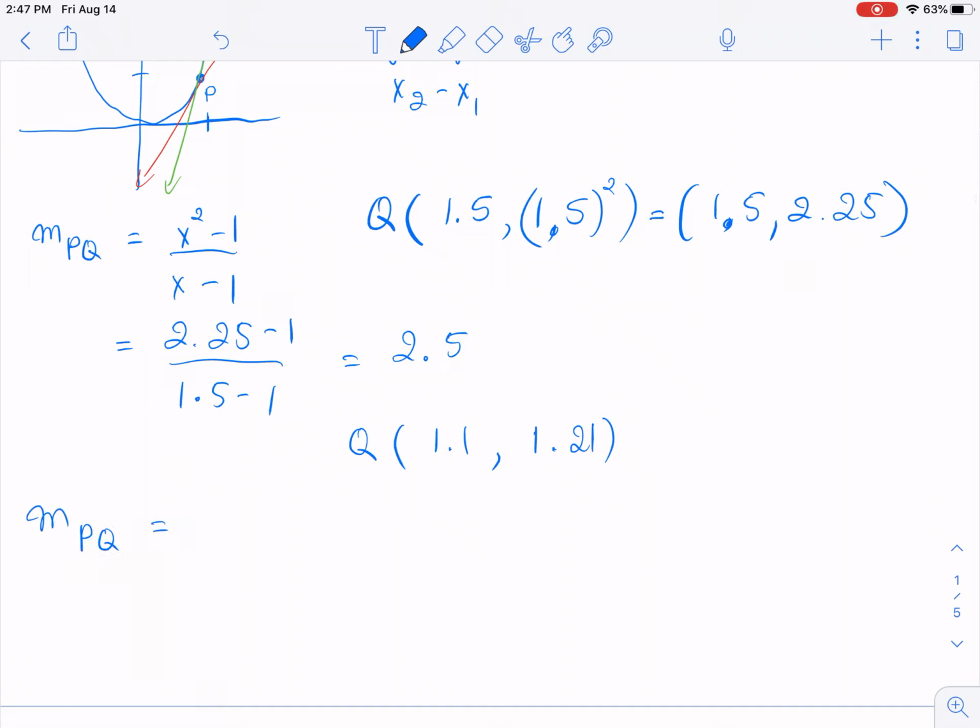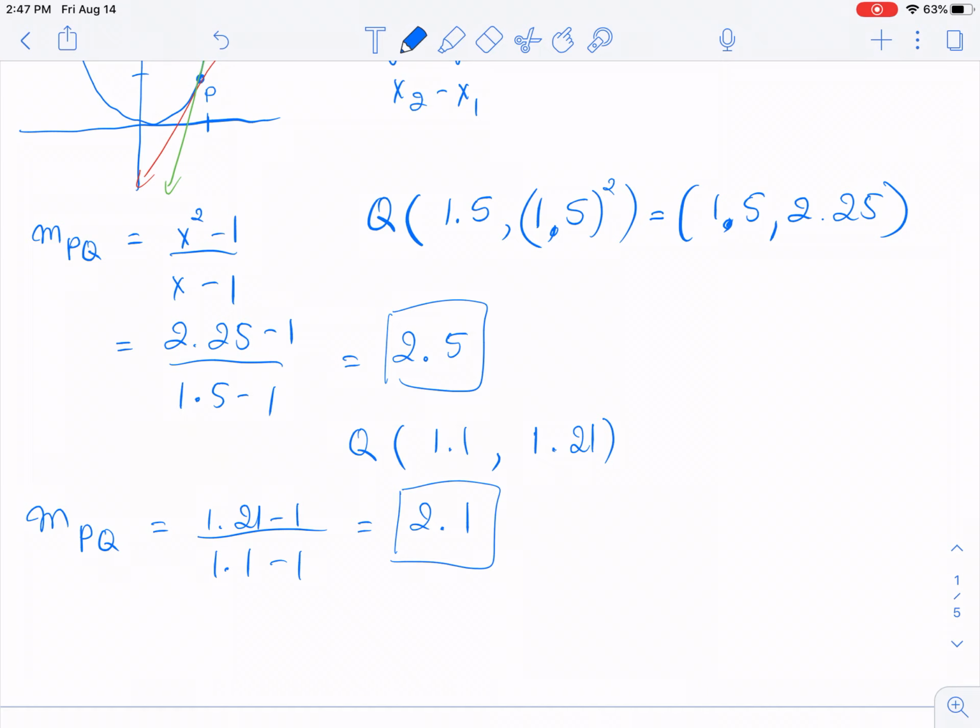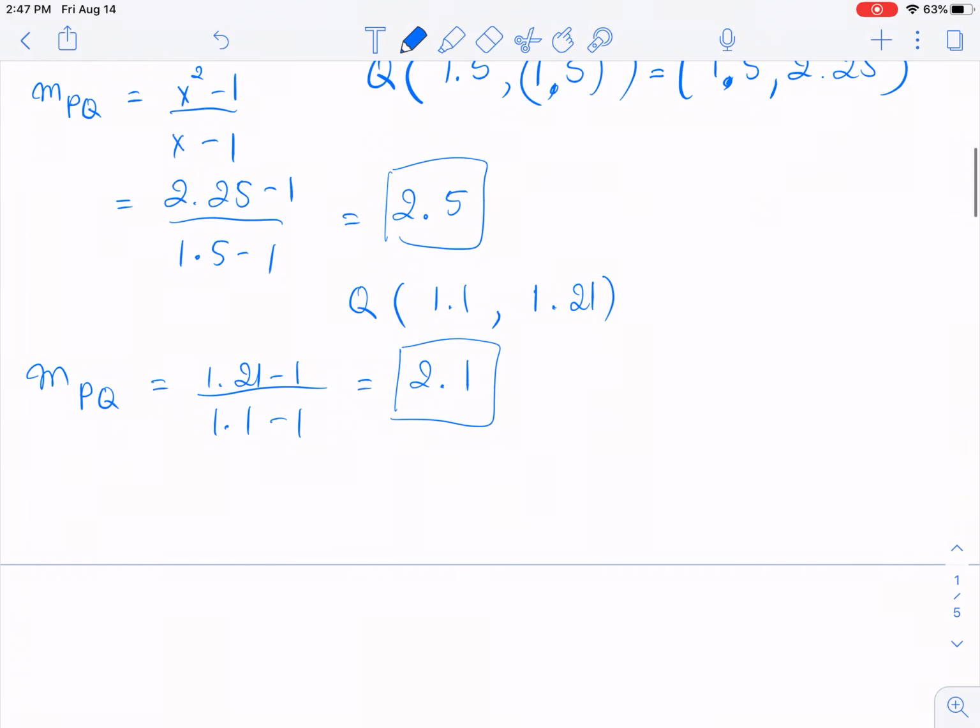We're going to get 1.21 minus 1 over 1.1 minus 1. You're going to end up with 2.1. You see, we have 2.5 and then 2.1. If we keep doing it, you will see that it approaches 2.